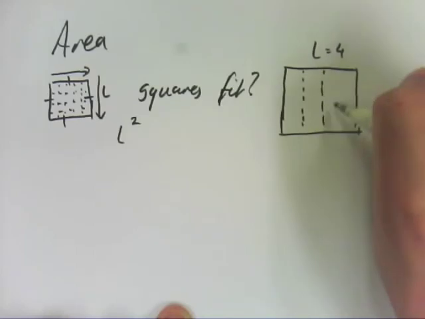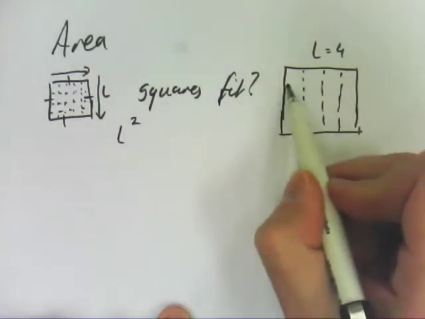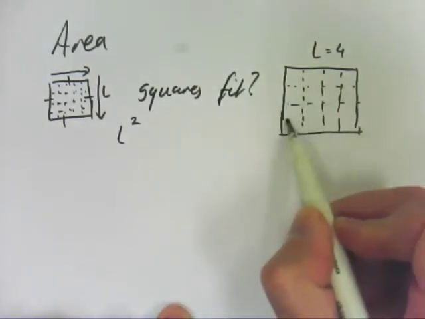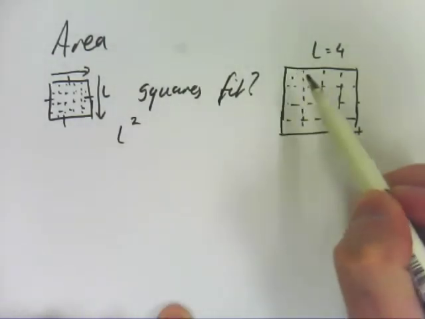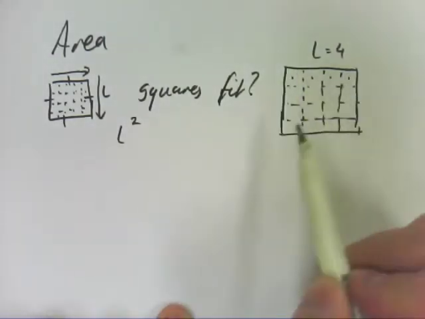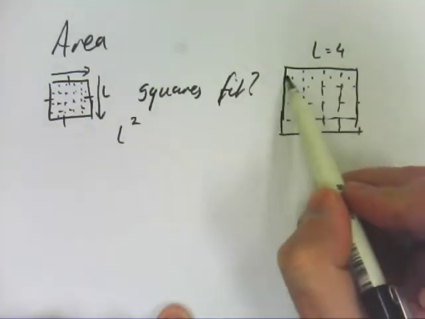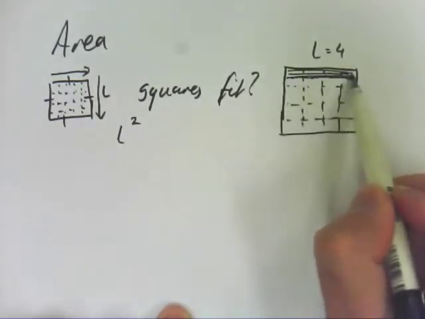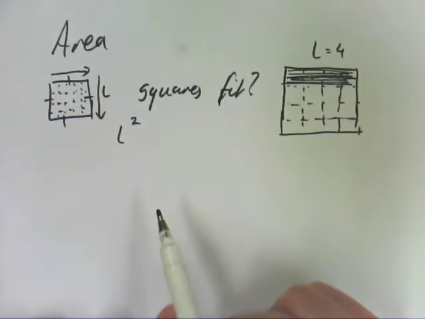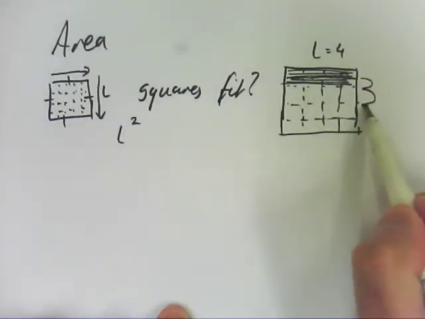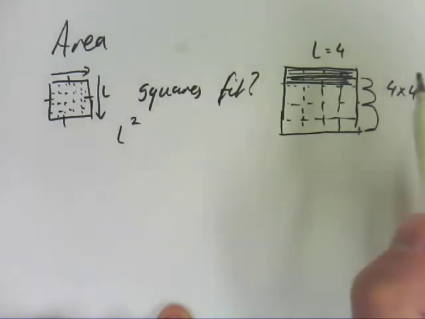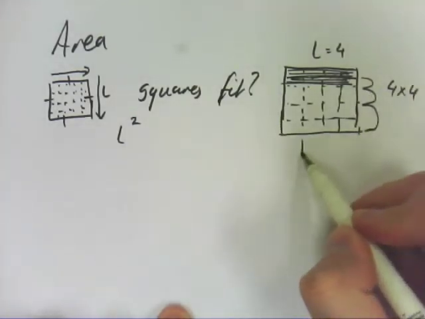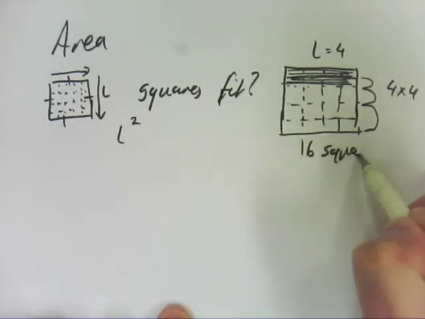If we split that into 4 even groups, both ways, not so even, but it'll do, here is 1 square, 2 squares, 3 squares, 4 squares. So one line is 4 squares, and then I have 4 of those lines, which is why we do 4 times 4. So the area of that is 16 squares.